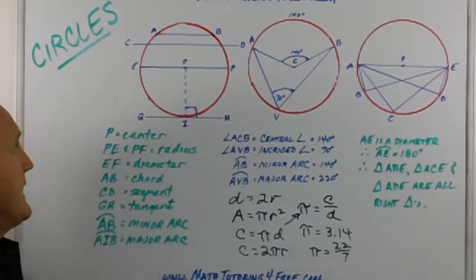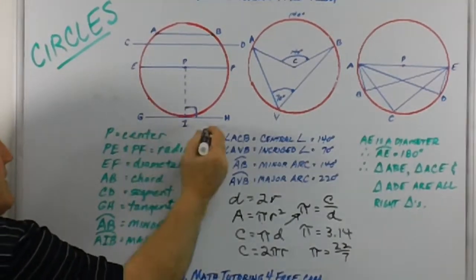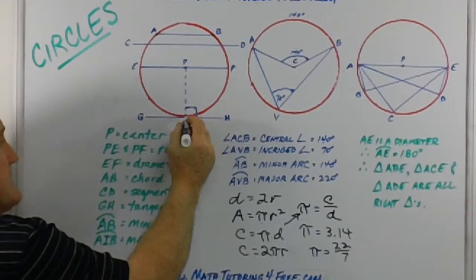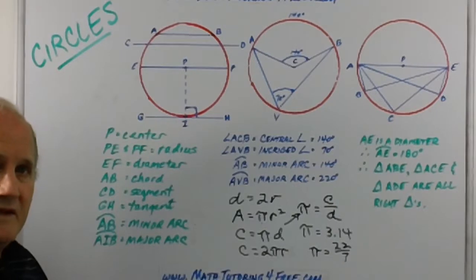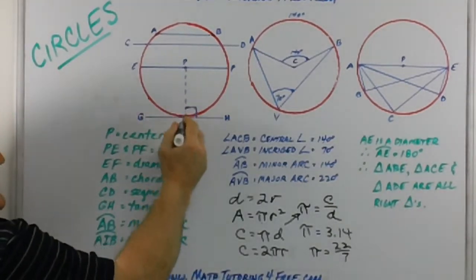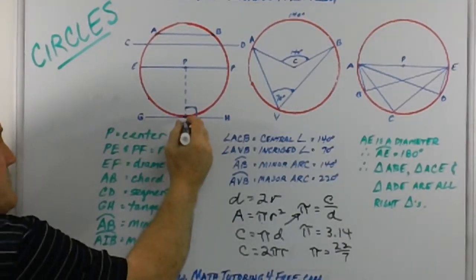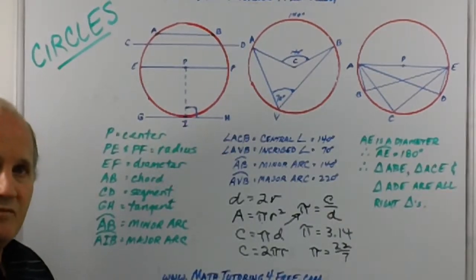And a very special segment is called a tangent. A tangent is a segment that touches the circle in only one point. Another factor to lock in on is that wherever that tangent is, it would be perpendicular to the radius that's drawn to that same point.